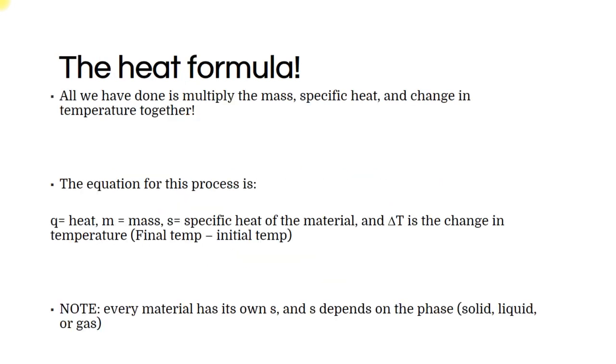Okay, so this leads us to the discovery of an important equation. Okay, so the variables are defined here for you. Q is heat, so this is going to be measured in joules or calories. Those are the 2 units of energy we've talked about, joules or calories, or some derivative of that, like kilojoules or kilocalories, right? But those are the base units.